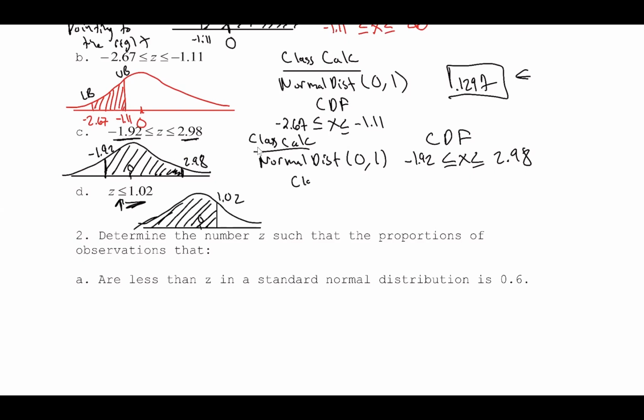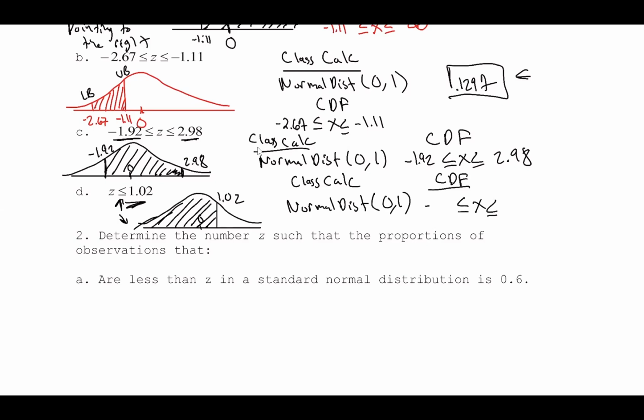So in ClassCalc, once again, you enter normal distribution, and you put 0, 1. And then for CDF, you put less than or equal to. Since there is no lower bound, it could keep going to the left-hand side.